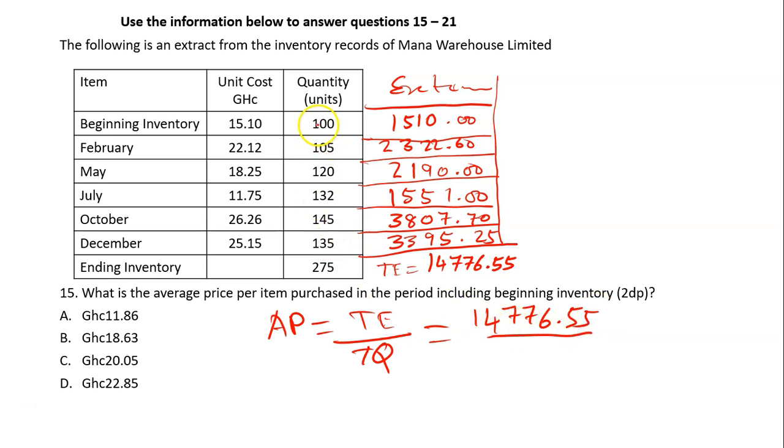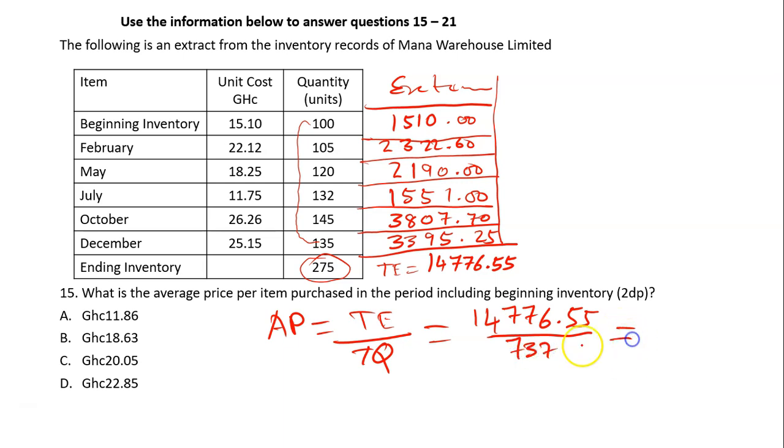It means we should add from the beginning inventory up to December. Please don't add the ending inventory. You only add this, and this. You don't add this. It's not part. This is ending. So when you add from beginning to December, you get 737.